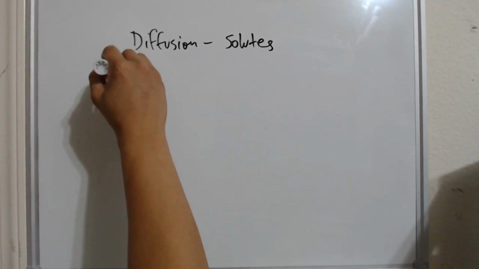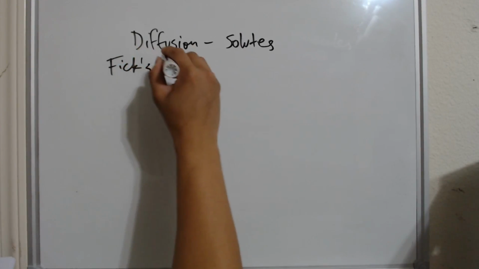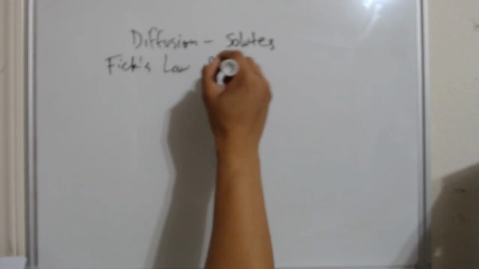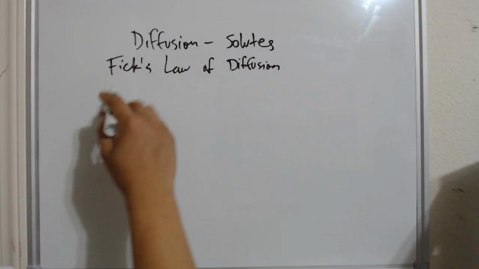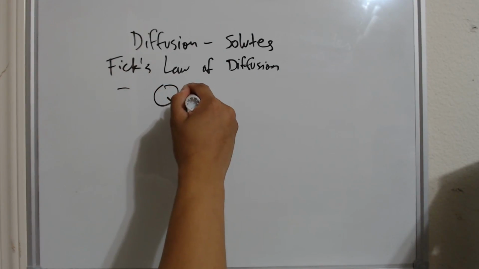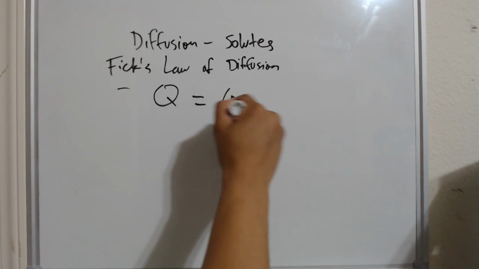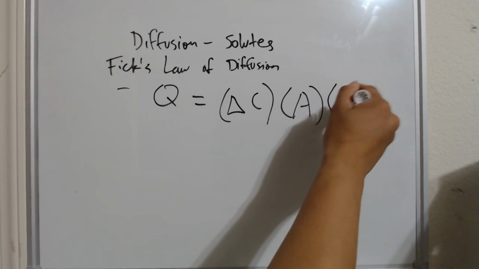There's an equation by Fick's law of diffusion. So Fick's law of diffusion, it's Q equals change of C times A times P.